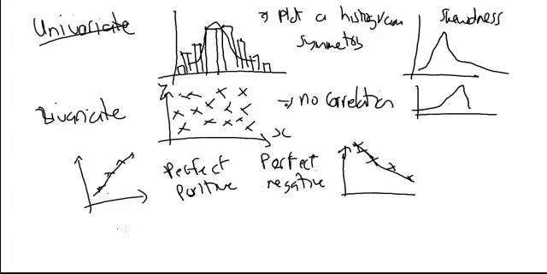And we can also have weak correlation. So we can say weakly positive, where you'd end up with data which is kind of lined up, but there's noise around the line.